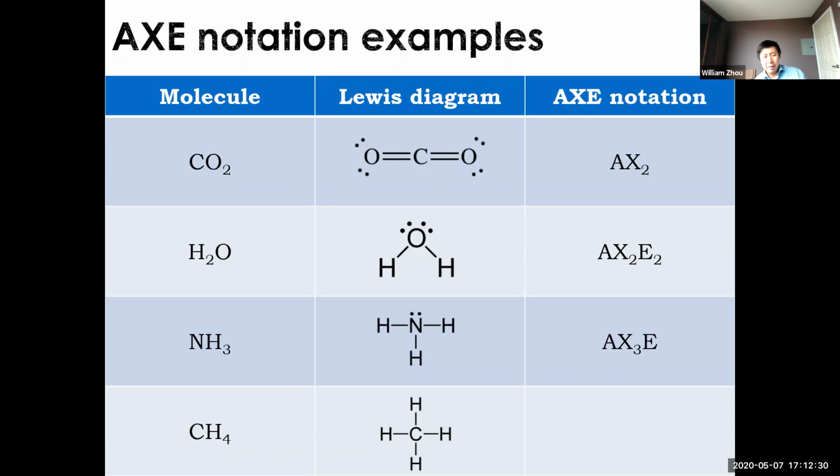And the last one, methane, is very simple. 1 carbon, 4 hydrogens, no lone pair, so that must be AX4. Do you see how this works? It is important that you know how to write the AX notations from the Lewis diagram.